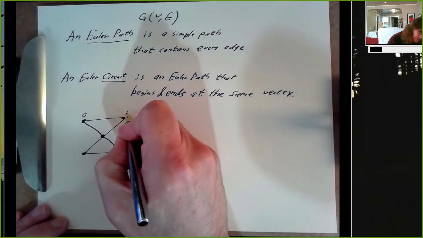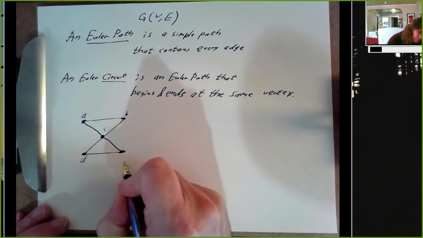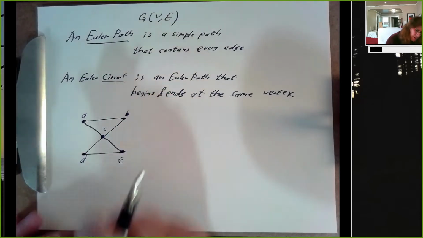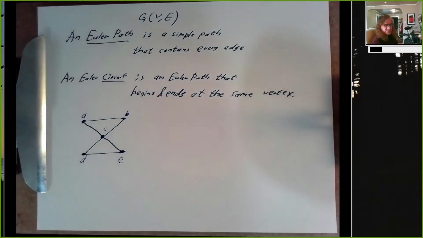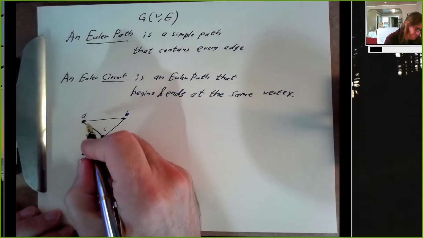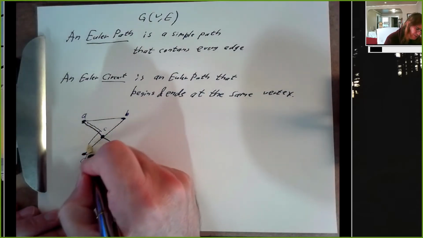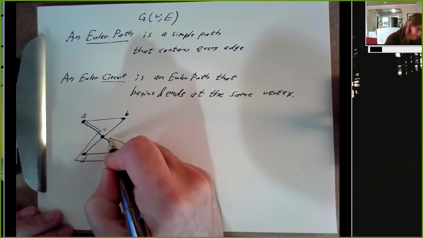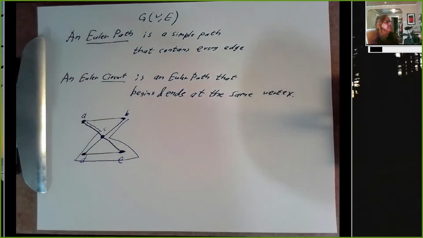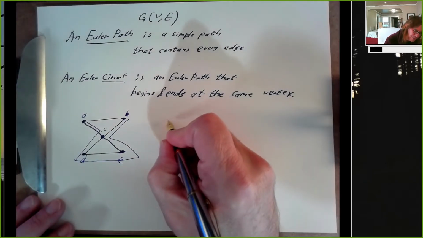So let me label these. And somebody give me a path through here. So just give me an ordered list of vertices that will correspond to a path. A, C, D, E, C, B. Or A, C, E, D, C, B. All right, so that does have an Euler path.